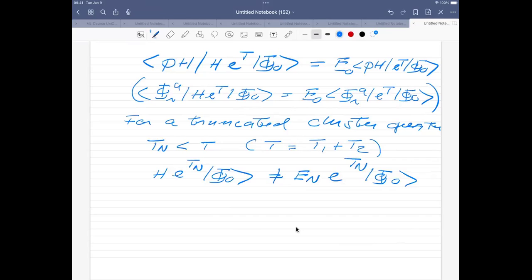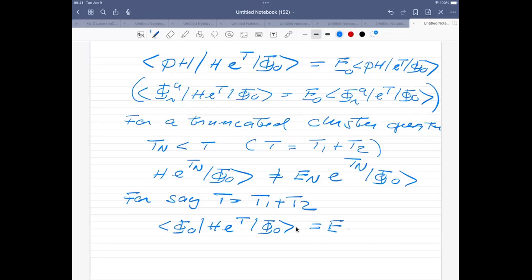So if we look at the cluster operator which includes, let's say, only T1 and T2, so T is equal to T1 plus T2 only, what we get is a set of equations where we have phi 0 H e to the T, and then after the break, we are going to elaborate these equations.